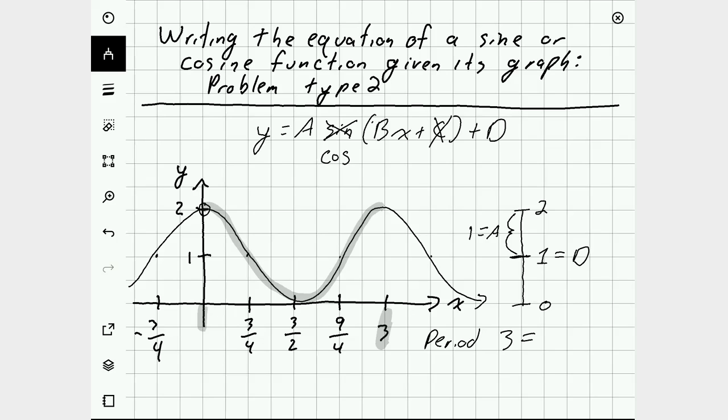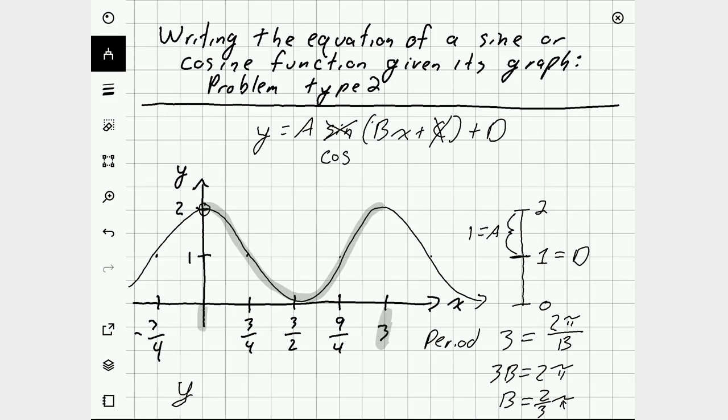Remember, the period of a sine or cosine graph is 2 pi over b. So in this case, b is 2 pi over 3.